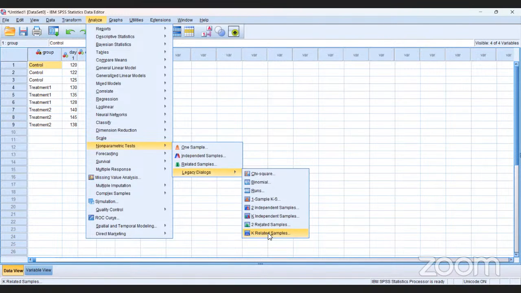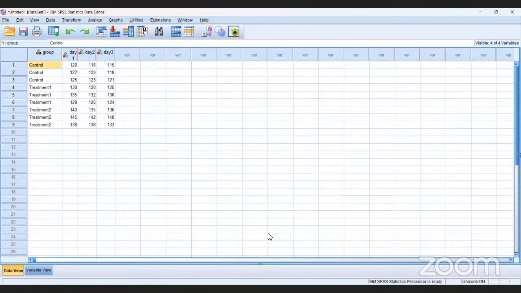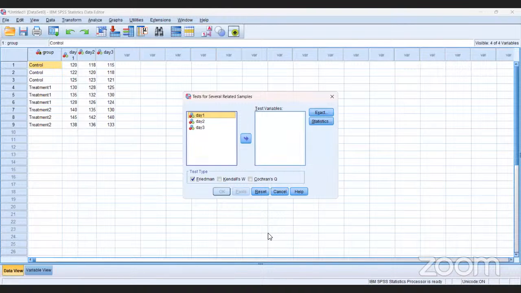Okay. K-related samples, you have to click this one. And then you have to click the day 1, day 2. Is it visible?